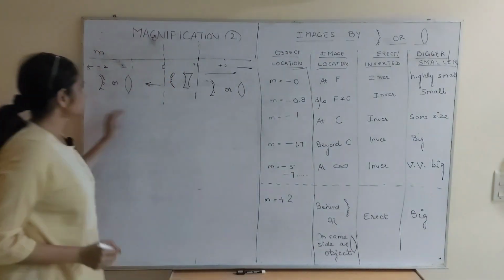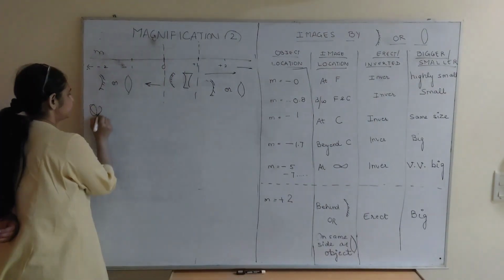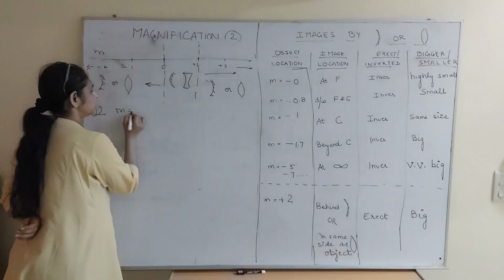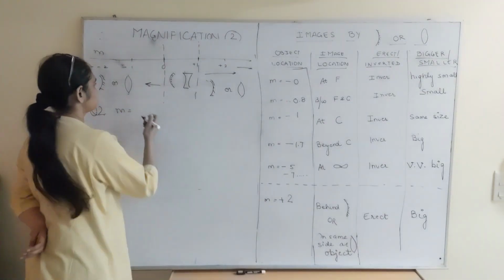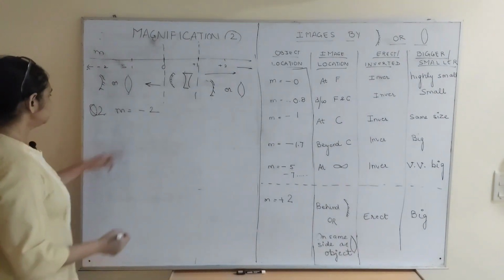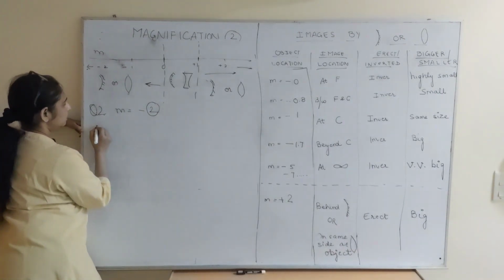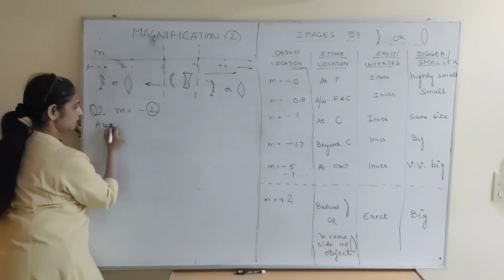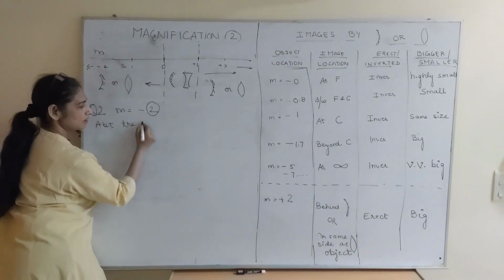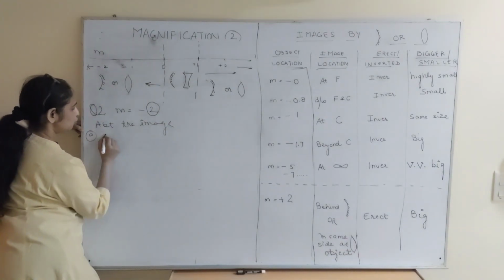Okay. Now we take another example. Let's take another question, random. M is equal to -2. Okay. Very simple. First, let's deal with the number. We are talking about the image. So, the number is 2.